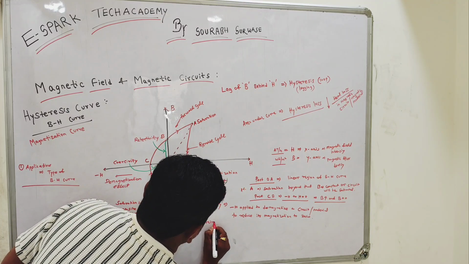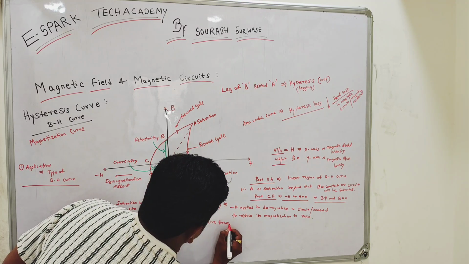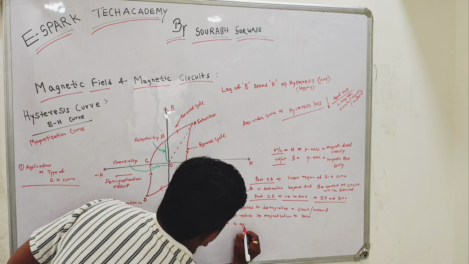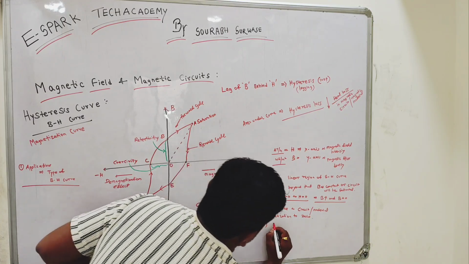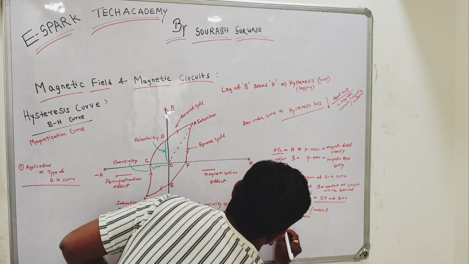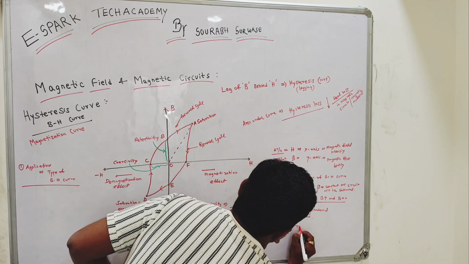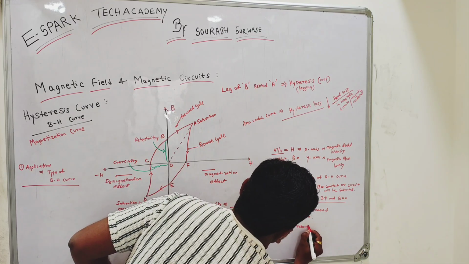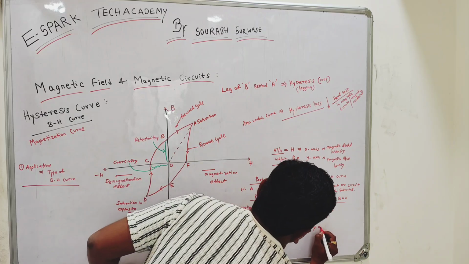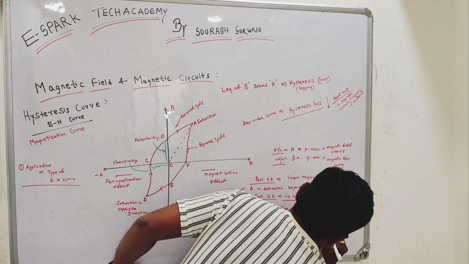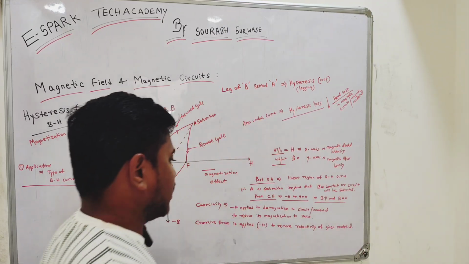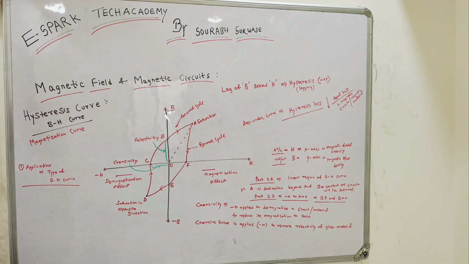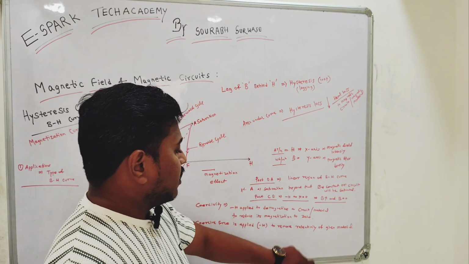In other words, you can also say that coercive force is applied, meaning minus H, to remove the retentivity of the given magnetic material. Now, what is retentivity?